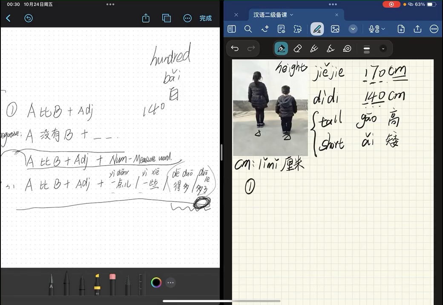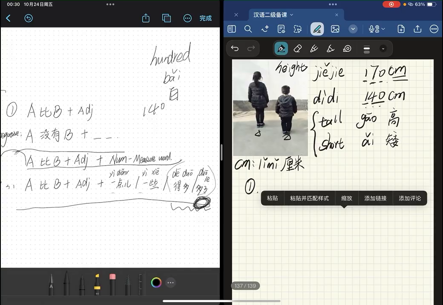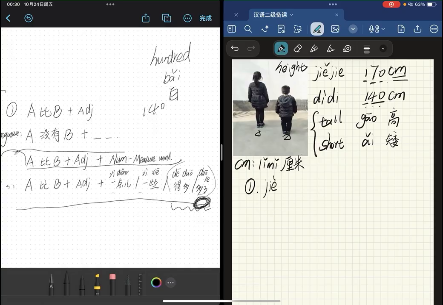So for the first one, A 比 B adjective. I use 姐姐比弟弟. Comparing 姐姐 with 弟弟, we know 姐姐 is taller than 弟弟, right?